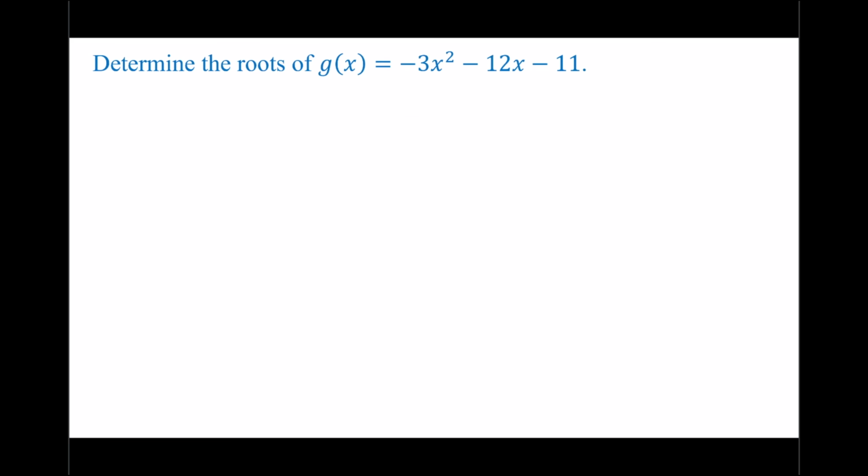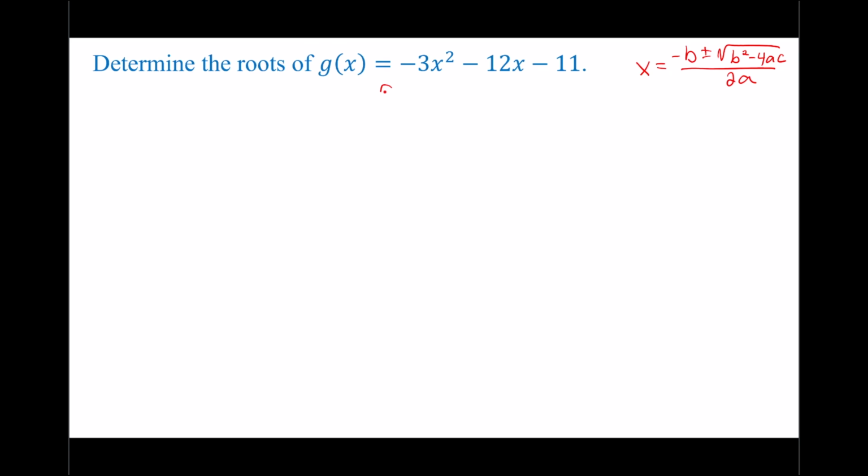Determine the roots of g of x equals negative 3x squared minus 12x minus 11. This function does not factor, so we will need to use the quadratic formula, which means x equals negative b plus or minus the square root of b squared minus 4ac all over 2a.